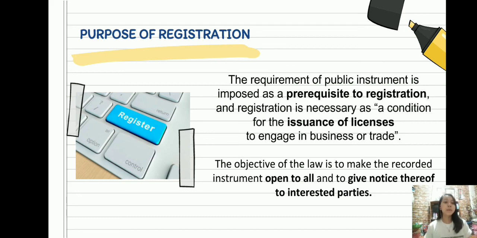So, pinaka-purpose rin talaga ng registration is para ma-avoid ng mga partnership contract ang pagka-void, which is tama lang naman, di ba? Kapag na-void ang contract, automatically hindi ka na makakapag-operate, or kung pipilitin mo mang mag-operate, unlawful na kayo, which is wrong, right? I think that will be the end of my report.